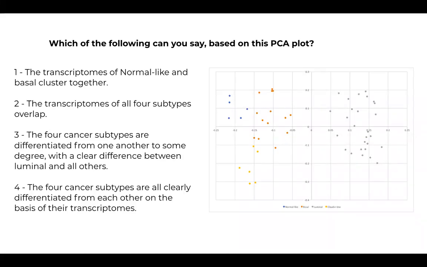The four cancer subtypes are all clearly differentiated from each other on the basis of their transcriptome.